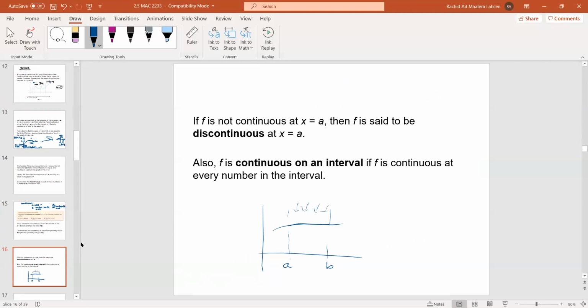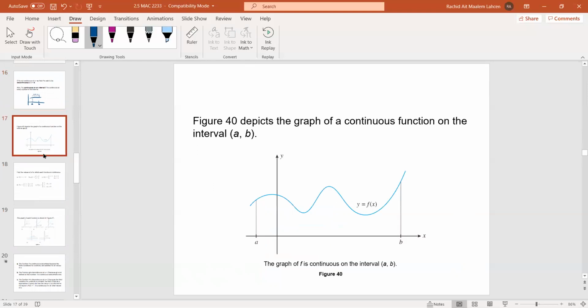So there is no jump, no hole, no infinity, and so forth. So we start with looking at a point, then if every other point meets the conditions in some interval, then it is continuous over that. So you see, this function is continuous over the interval A to B because it's continuous at every point on that interval.